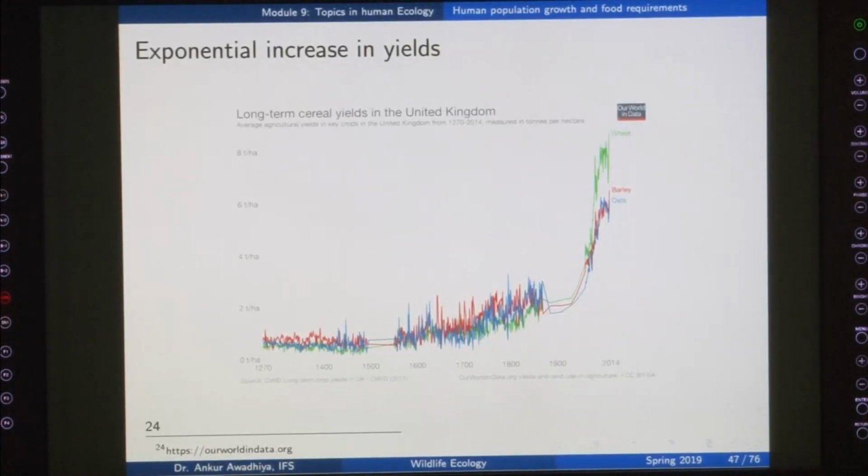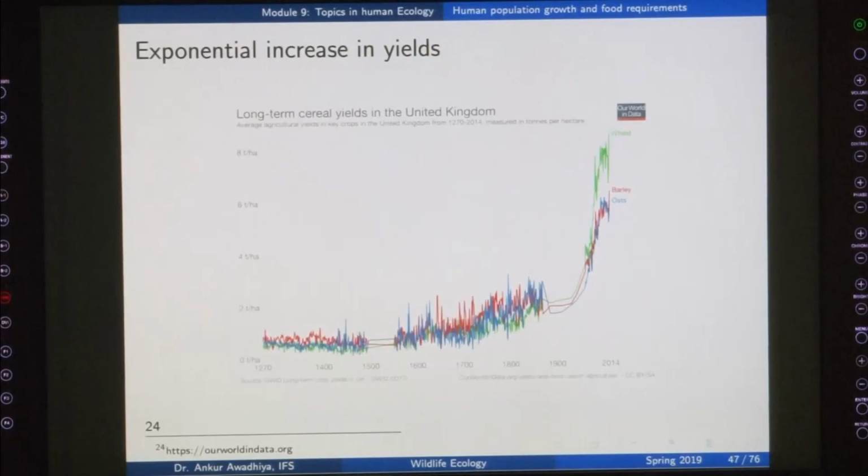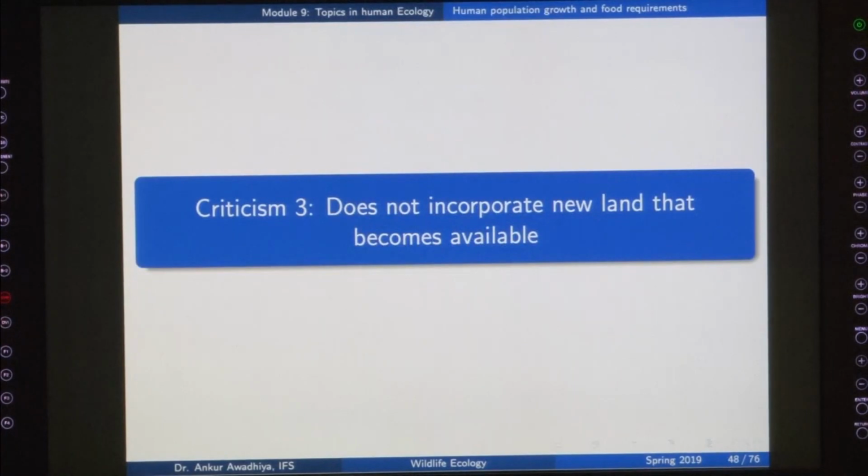So what Malthus had predicted in the case of agricultural productivity or agricultural supply is also not correct. It might move as a geometric progression, or even as an exponential growth. Malthus also did not consider that with time we can even incorporate more land into our agricultural sector.